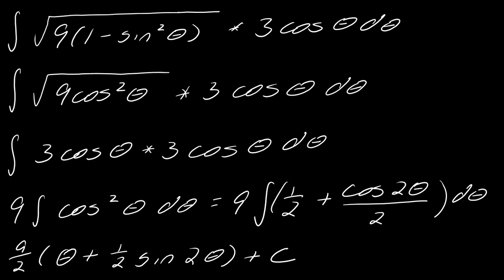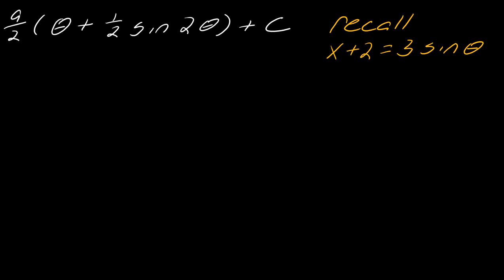Okay, now this is a trig substitution, so we really got to make some space and now analyze all this. So here's where I'm at, and recall, the whole thing that kicked this off was that x plus 2 equals 3 sine theta. So what that means is that sine theta is equal to x plus 2 over 3.